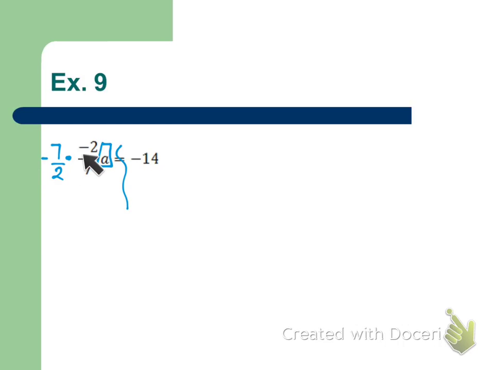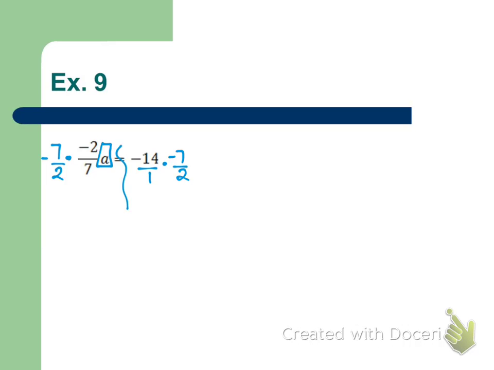If you want to keep the negative sign with the 2, that's fine. If you want to put it out in front, that's fine. Give it to the 7. Whatever you want to do, it's not going to make a difference in the end. To make my life a little easier, I could put this 14 over what number? 1. Okay.